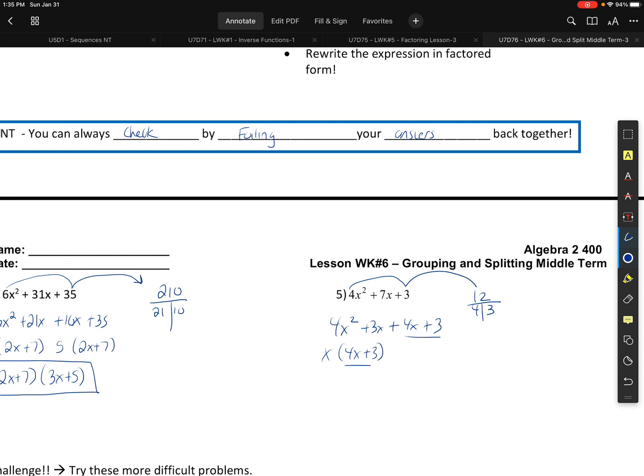Now, 4x plus 3, 4x plus 3. It's already there, but you always have to GCF something. So what's the easy thing to GCF and keep it the same? Take out a 1. So if I take out a 1, I still have my 4x plus 3, and I have my piece. 4x plus 3, and x plus 1.